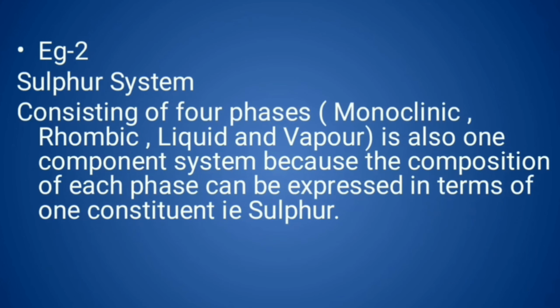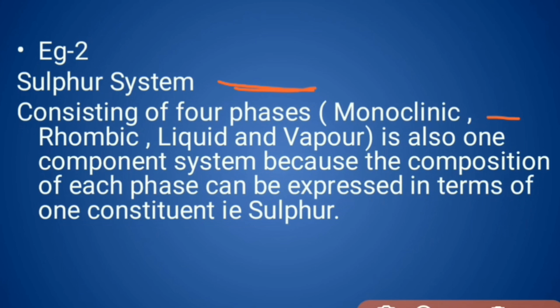Now take a second example, the sulfur system. We will also study this sulfur system in the next videos. The sulfur system consists of four phases: monoclinic, rhombic, liquid and vapor. These four phases are present in this particular system. But still this is also a one component system. Why?